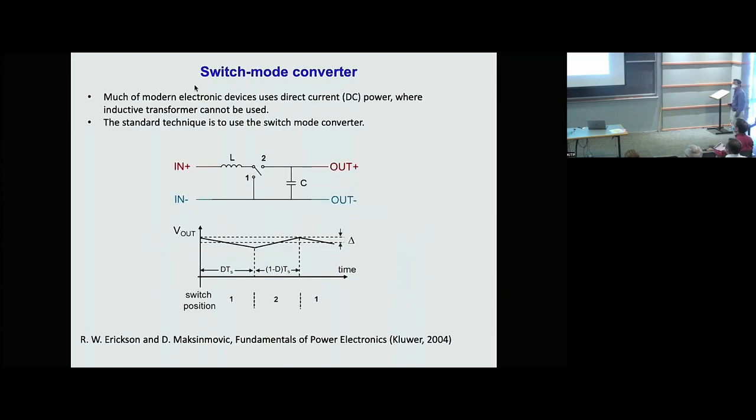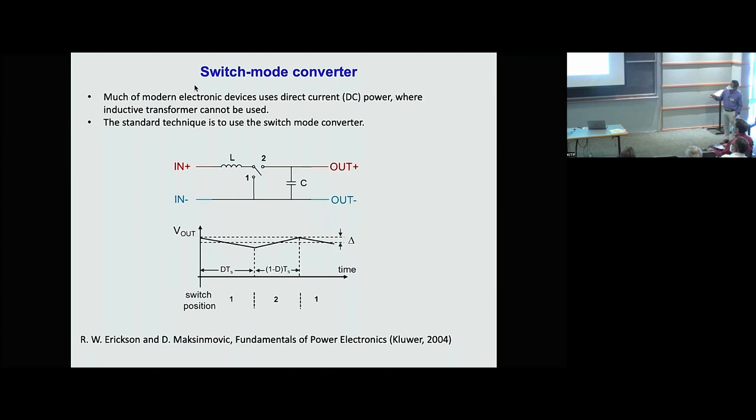These days, when you look at your own electronic circuits, like the computer that we all have here, the power that's being used to drive it is not AC, but DC. In other words, those are direct current systems where the current doesn't vary as a function of time. In this case, there also is a very substantial need for voltage transformation, but you can no longer use the magnetic core transformer for these purposes.